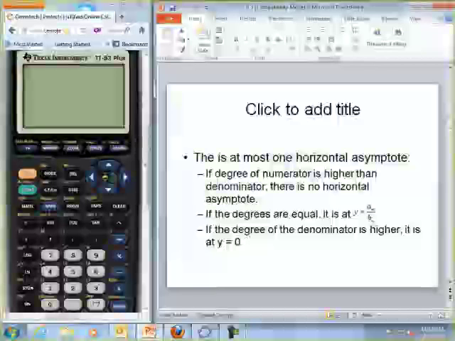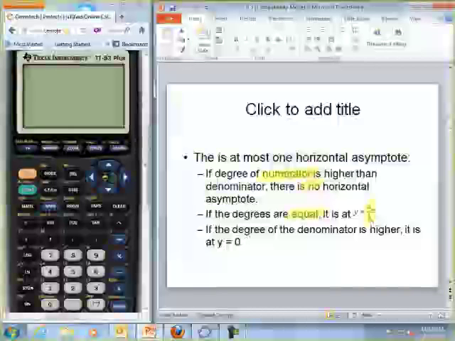If the numerator wins, if the top has a higher power, then there is no horizontal asymptote. So if we've got like an x squared over an x, the top wins, no horizontal asymptote. If the degrees are the same, so like x squared over x squared, or like yesterday, x over x, then our rule is that it's the fraction of the front numbers, like it was yesterday.